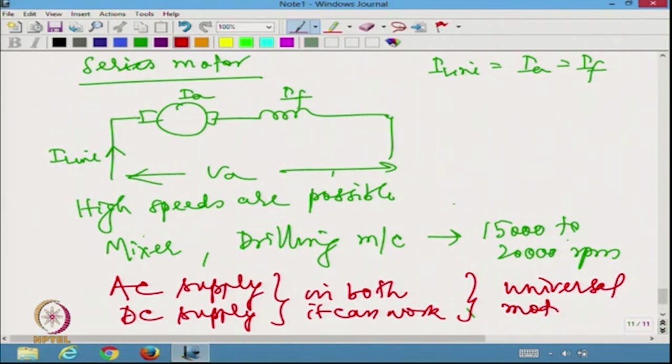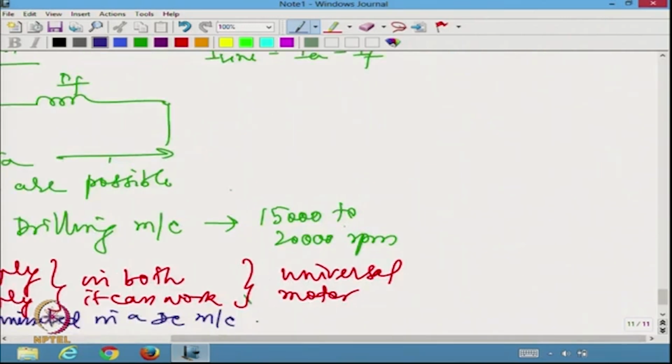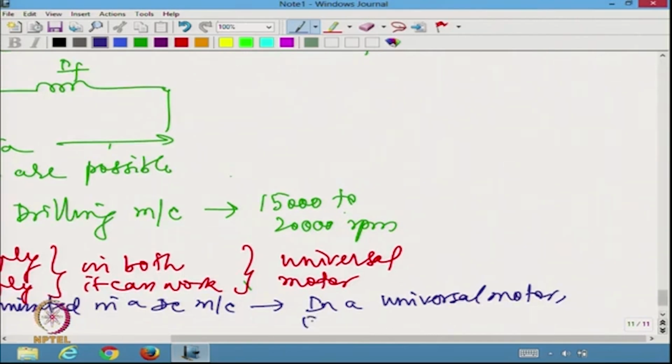When we started the topic of DC machine itself, we said normally the field is not laminated in a DC machine, but in a universal motor the field has to be laminated, because you are applying AC, the flux will be alternating.